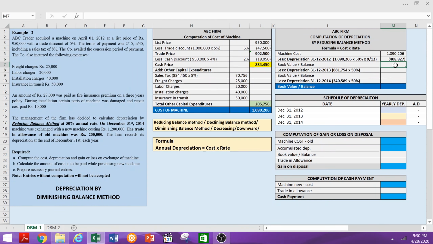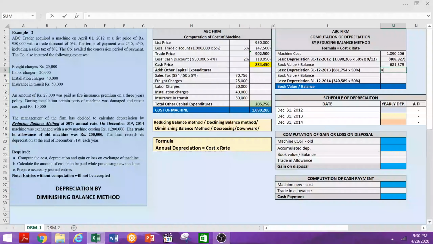Now, as the name suggests, the reducing balance method, I need to subtract the first year depreciation from the cost of machine, and hence we get the result that is called book value or the balance. Before we calculate the second year depreciation, you need to understand that the second year depreciation is calculated by multiplying the book value by the 50% rate.